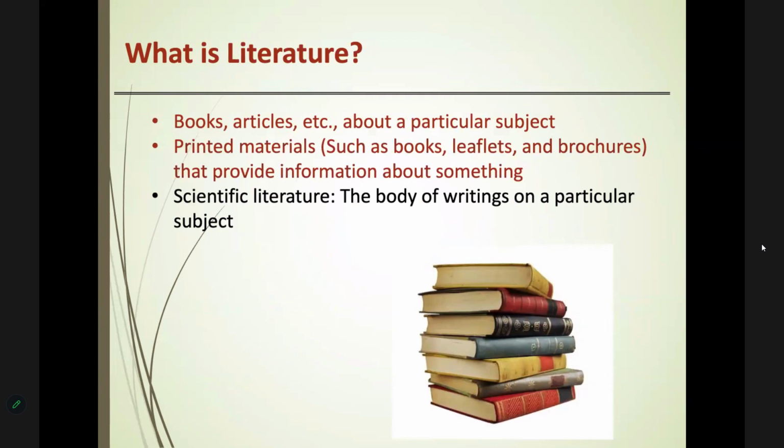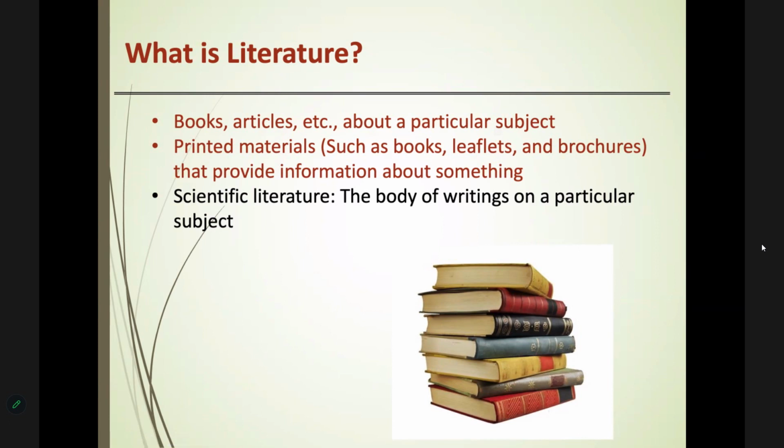So when you say scientific literature, we call it a scientific literature when the writing is on a particular subject, right? When you do a literature review for a dissertation, you mainly go with the scientific literature. Books are referred mainly when you are doing coursework, for example, a subject like sustainable development.